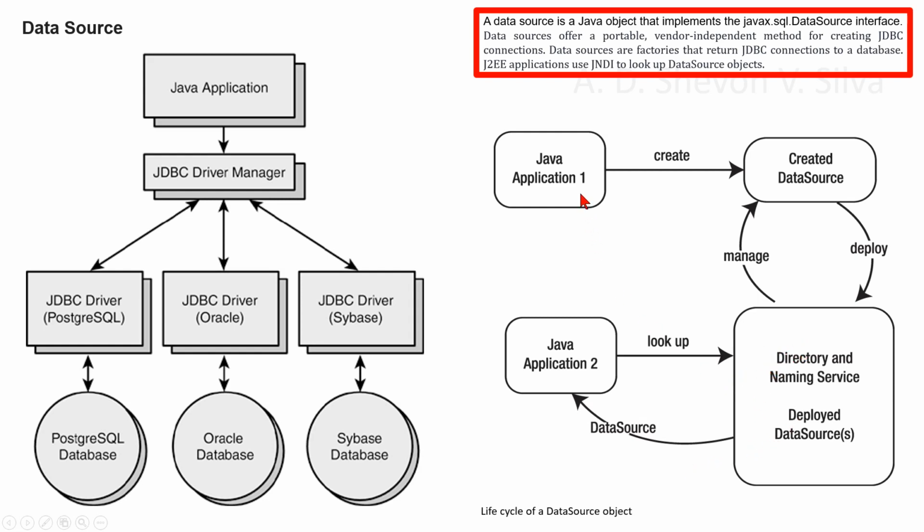Here you can see application 1 is connected to the created data source via create, and the created data source is connected to the directory and naming service and deployed data sources via deploy, and it is connected to application 1 via manage. Here Java application 2 is connected to the directory and naming service and deployed data source via lookup, and the directory and naming service and deployed data sources are connected to application 2 via DataSource.